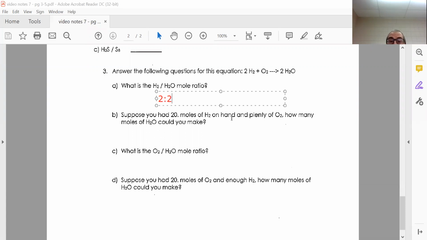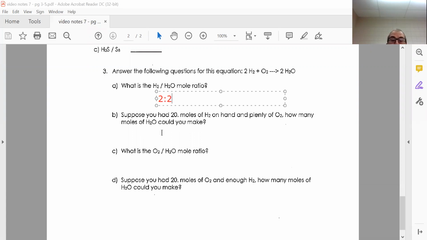Suppose you had 20 moles of H2 on hand and plenty of O2. How many moles of H2O could you make? All right, so I'm comparing hydrogen to water. The oxygen is just telling me I have enough to make that work, but that's not really part of it.